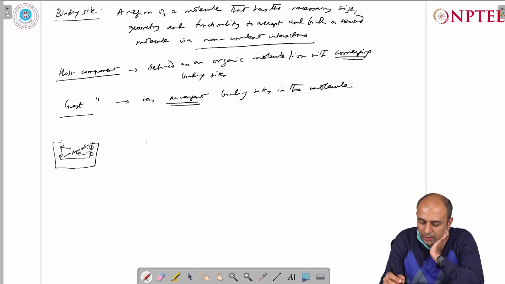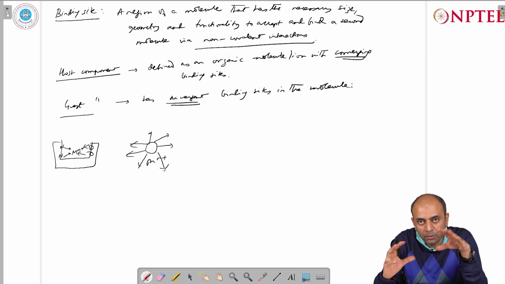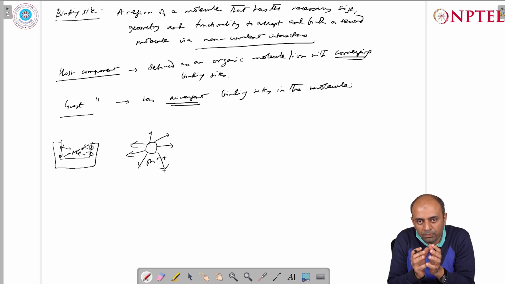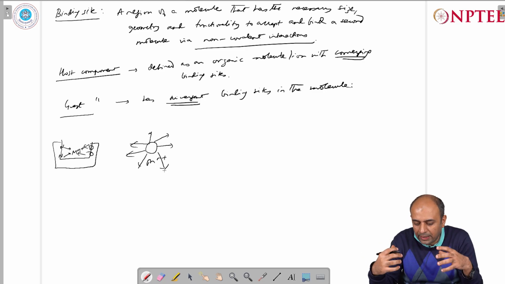Whereas a metal ion, on the other hand, metal ion Mn plus, is actually swimming around in solution. It is being effectively solvated, and it is looking for a suitable host which will capture it. So, this metal ion has got the entire surface exposed, and in all possible directions it can approach towards the host for effective encapsulation.